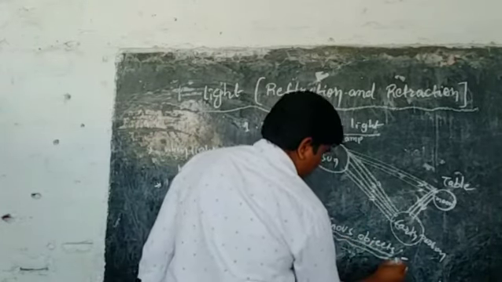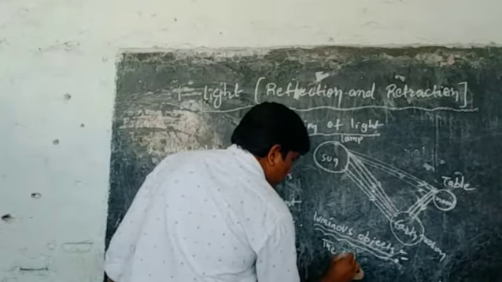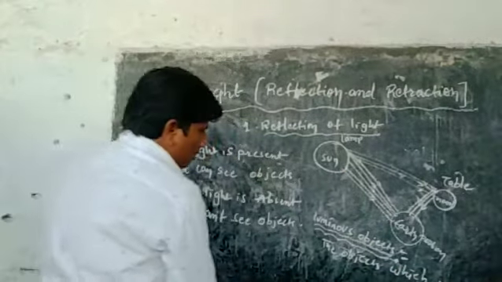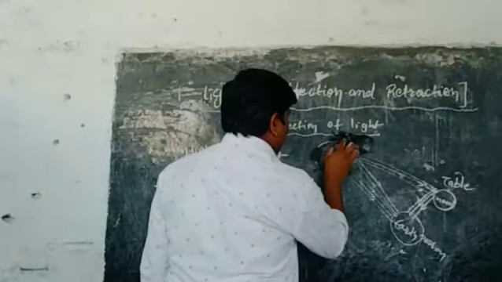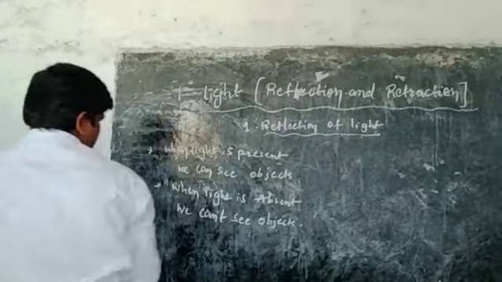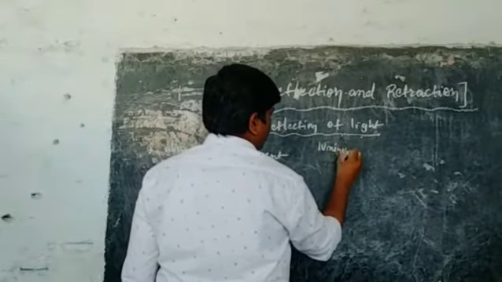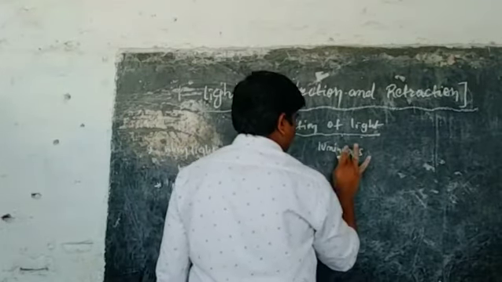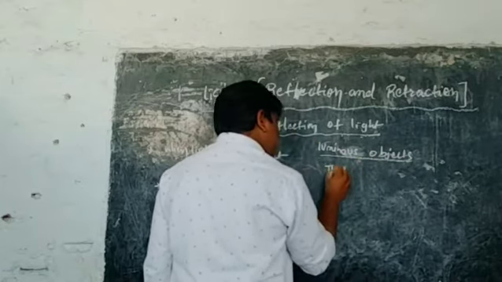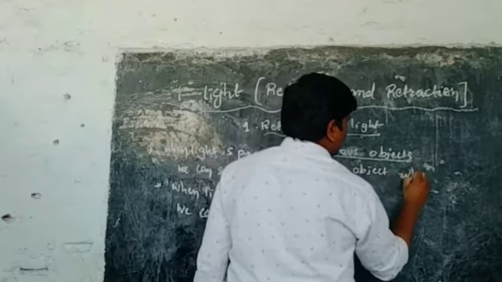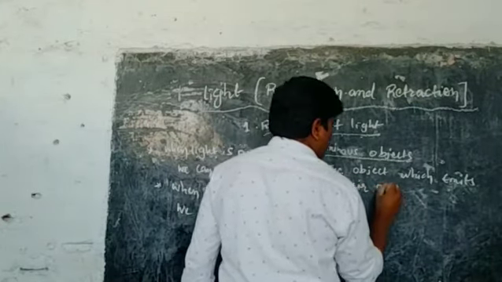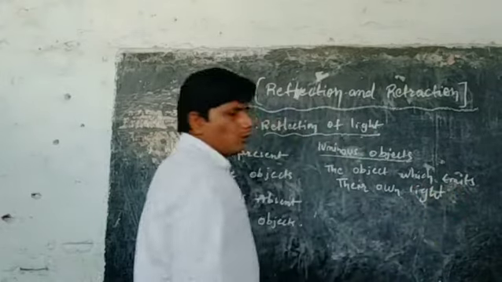Luminous objects: the objects which emit their own light are called luminous objects.